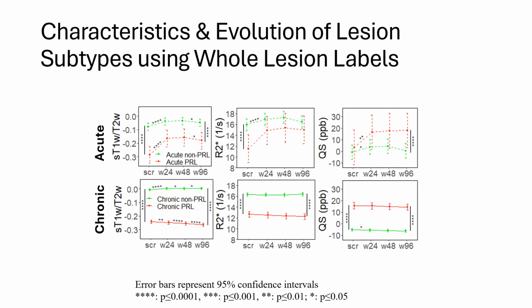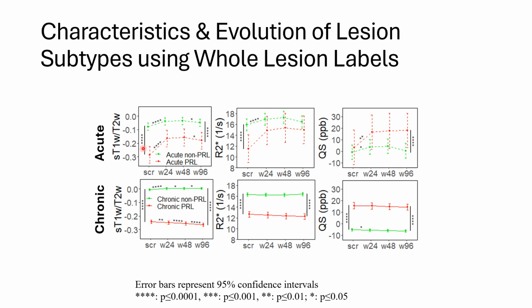So now I'll preview some of our results. In the first row, you see the results of the acute lesions, which are newer lesions, and the second row shows results of chronic lesions, which are older lesions. You can see that both acute and chronic lesions showed lower standardized T1 over T2 weighted ratio values and R2-star values for PRLs compared to non-PRLs.